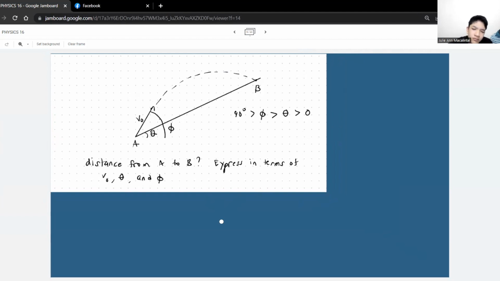So, x is equal to... tapos intersection.